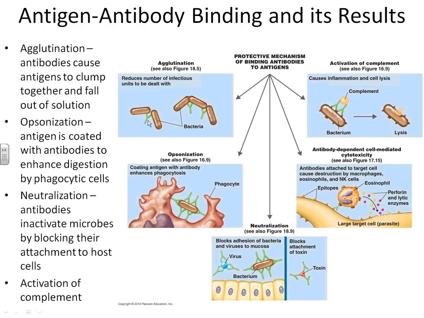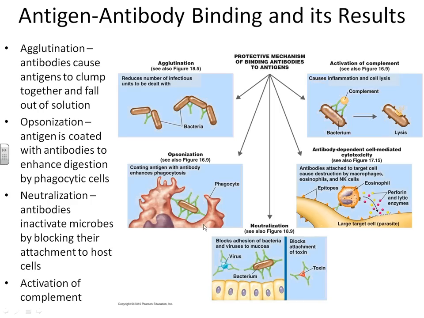One thing they can do, called agglutination, is a fancy term for clumping. The antibodies will begin to bind all the different pathogens, making them into large clumps. The large clumps are easier for our body to get rid of.